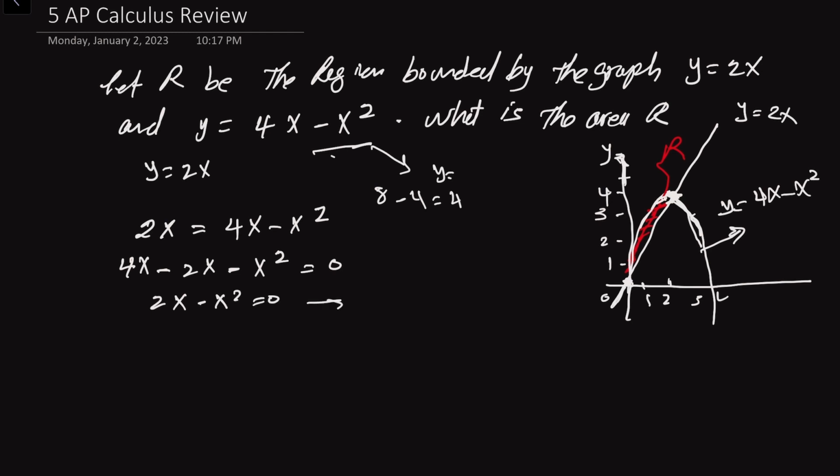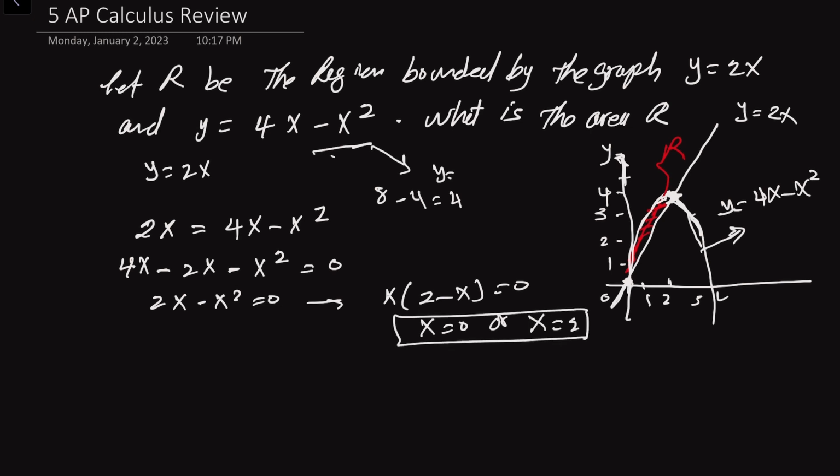So we can take x as a common factor. So it will be x times 2 minus x equals 0. So that means x equals 0 or x equals 2. These are the two values when the functions equal each other.